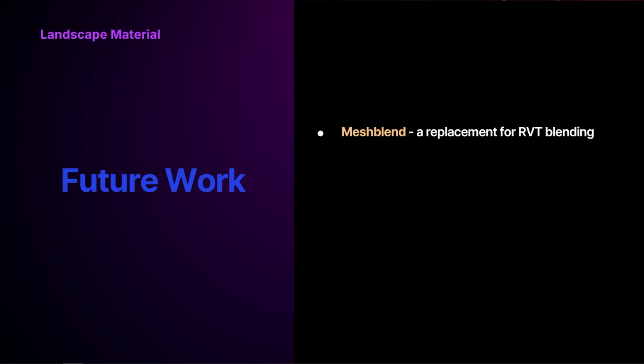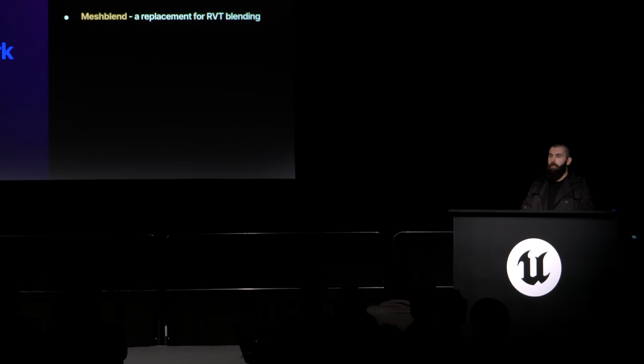Now, future work that we want to do is implement Mesh Blend. Shout out to Tore. It is a replacement for the RVT blending that we are currently missing, and we'll also add additional interesting blends even between the meshes themselves, not just the landscape.